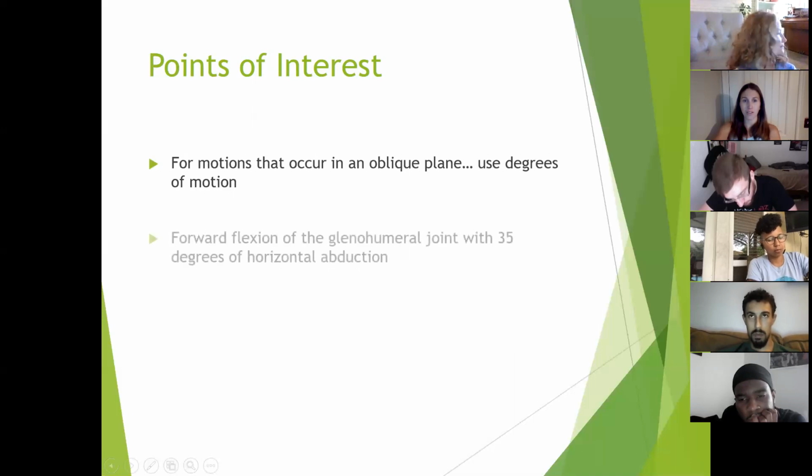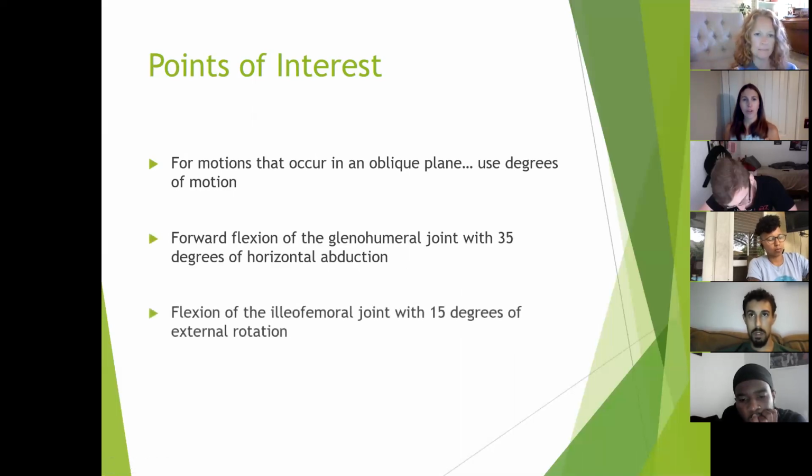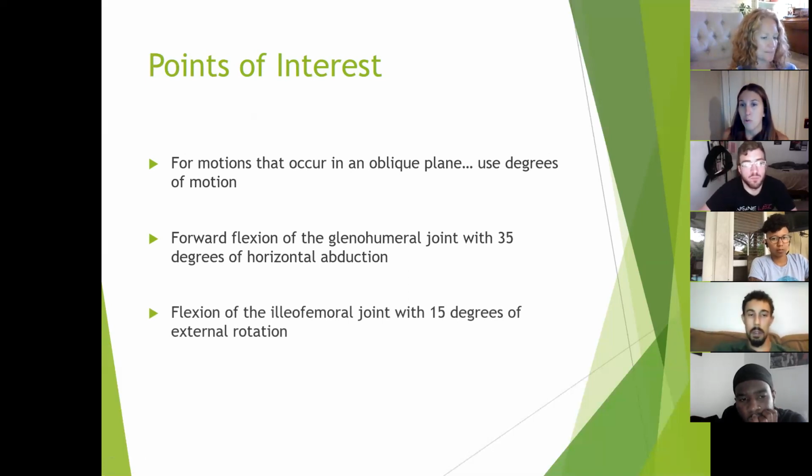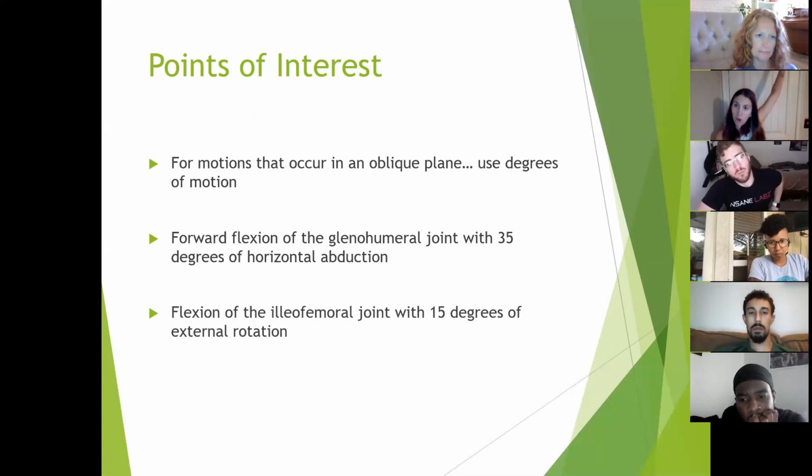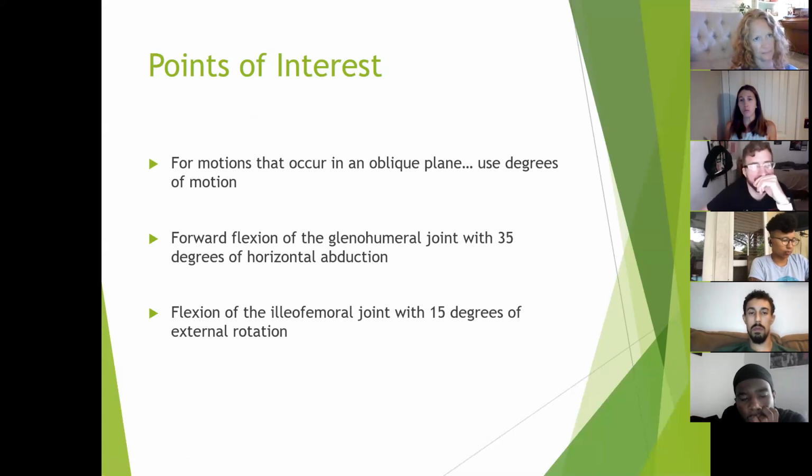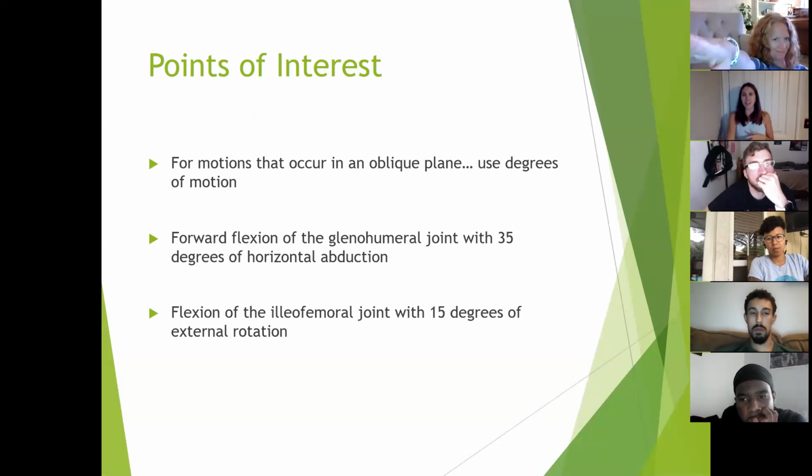Couple other things to note. For motions that occur in an oblique plane, do we remember what that is? That's basically where we mushed them all together. It's like, whoa, right? We actually use degrees of motion because otherwise we'd be completely lost. So forward flexion of the glenohumeral joint, what does that mean I'm doing? Yeah, I see everybody doing the zombie hands here. So forward flexion.